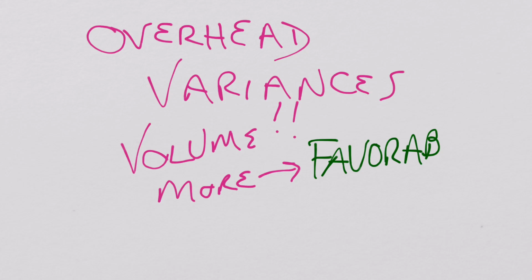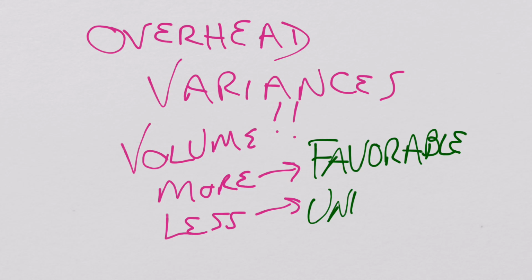If you do more volume, it's favorable, and if you do less, now I know that you didn't know this one, so that's why I'm telling you. This is one you'll thank me for later in life. It'll be unfavorable. All right. Again, simple, makes sense, but just make sure you know it. That's what I'm here to do.